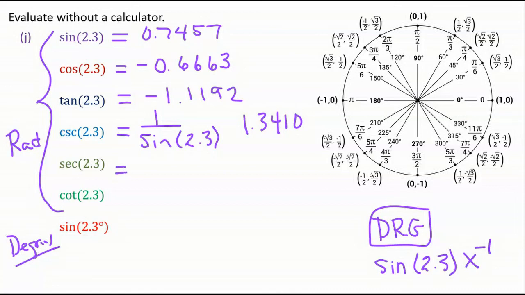The reciprocal of secant's cosine, so you could type in cosine of 2.3, and then hit this x to the negative 1 key. Yours might say 1 over x or 1 over y key. It'll work. Or you could do 1 over the cosine of 2.3. And I get negative 1.5009.